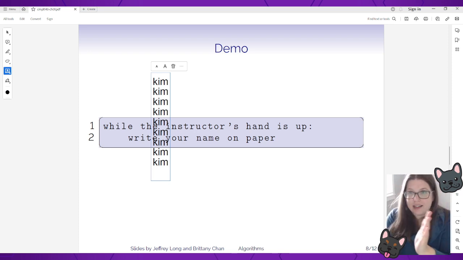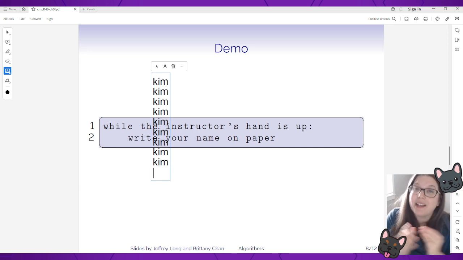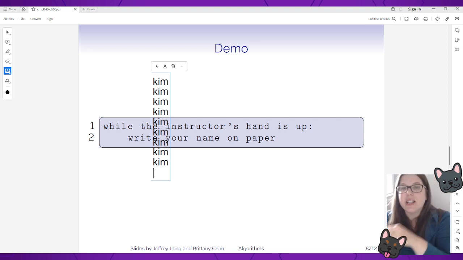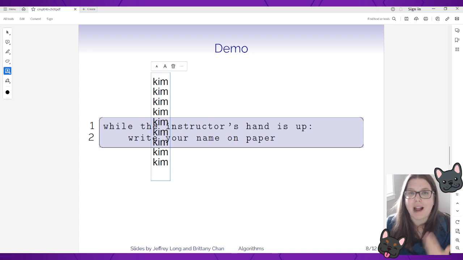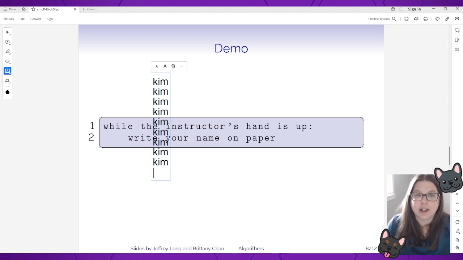The indentation isn't necessarily as important for humans, but it will become imperative when we move into actually translating this into a programming language. So it's a really good practice to get started now, and it will be a requirement whenever you're writing pseudocode on exams or assignments, to make sure you're maintaining that type of structure, okay?